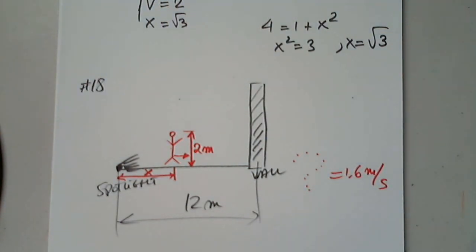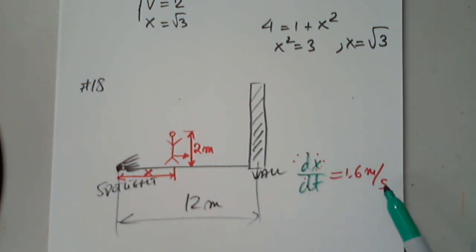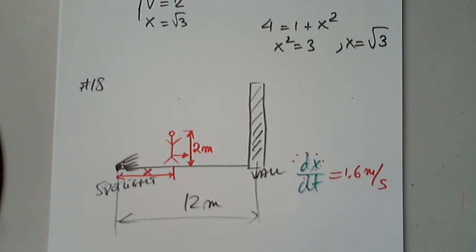I don't know what this is, and if I can't find out, I can't even read on. So what does this represent? Is it dx over dt? Brilliant, thank you very much. X for this, T for this.